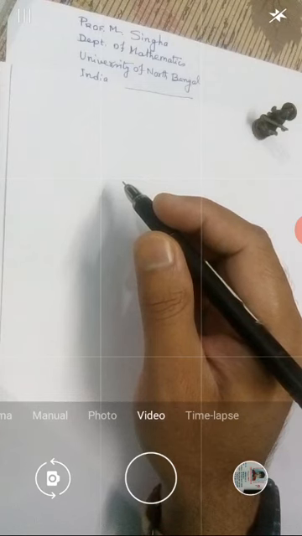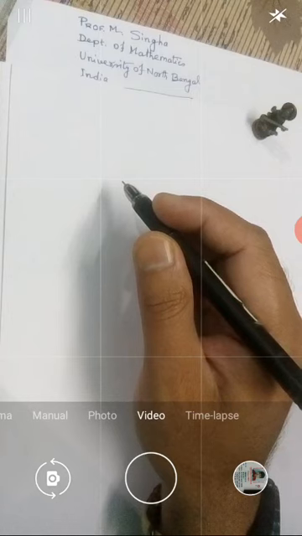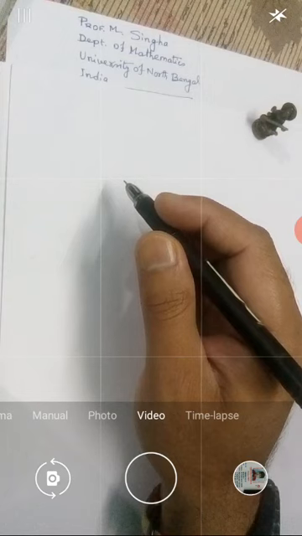Today we will discuss locally compact spaces. During the last 6 clips, we have discussed 4 kinds of compactness, their relation to each other, their equivalence in some particular spaces, and we have also characterized them.